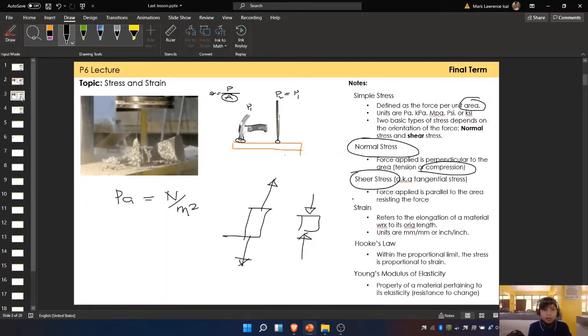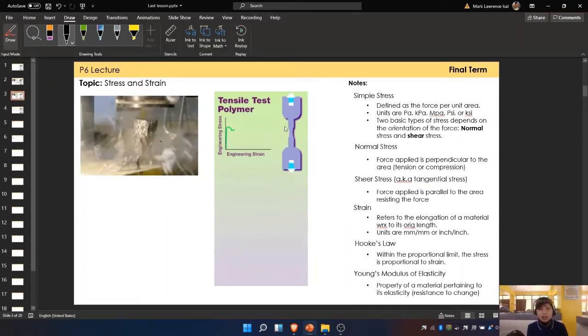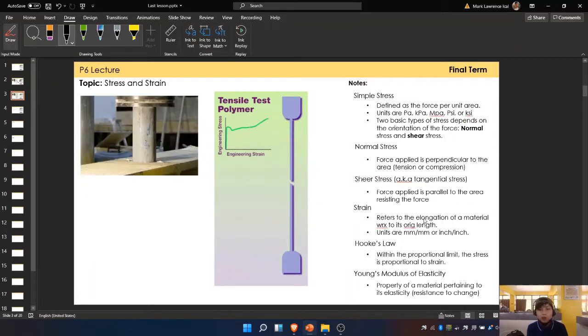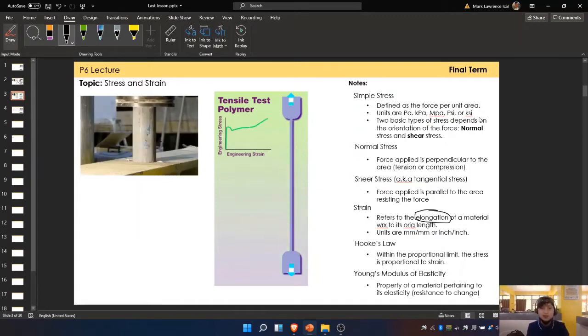How about strain? Let's talk about strain. Now, the difference between a stress and strain is this. In a strain, there is what we call elongation. So, compared relatively dito sa compression, walang elongation diyan, wasak lang, pero sa strain, we're talking about elongation.